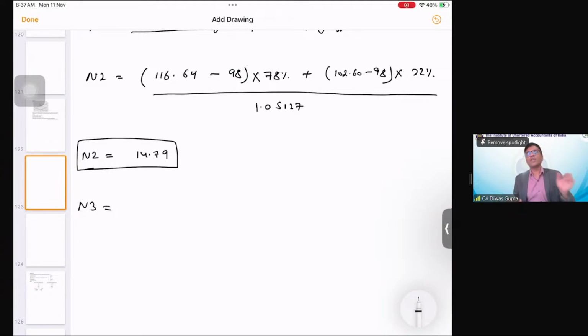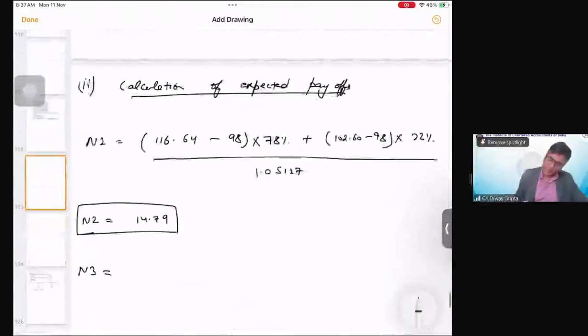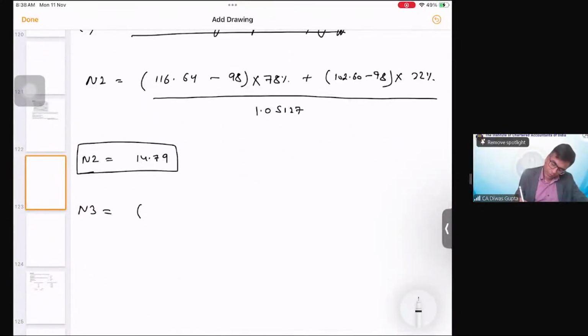This is a very similar question that we have done earlier, right? So at N3, the higher price is 102.60. At this price, there will be a payout, multiplied by 78%, plus.